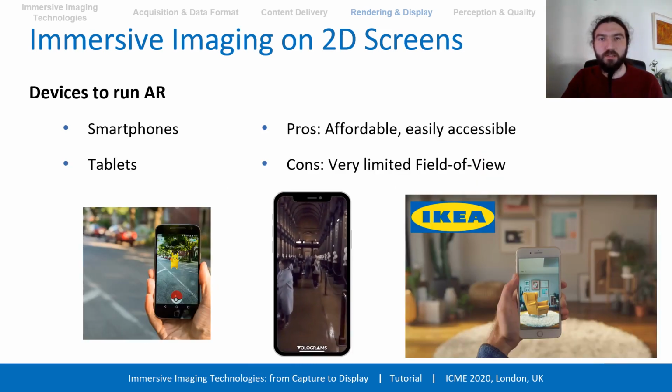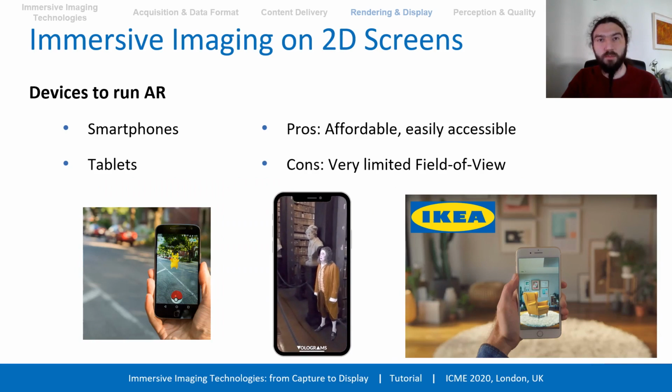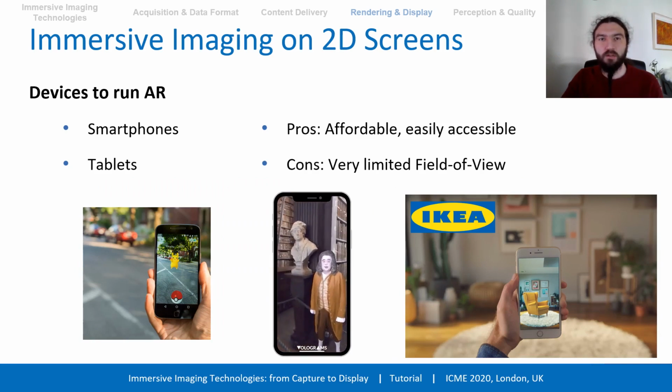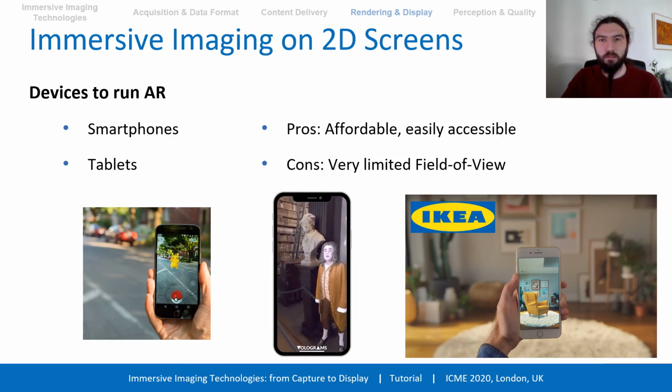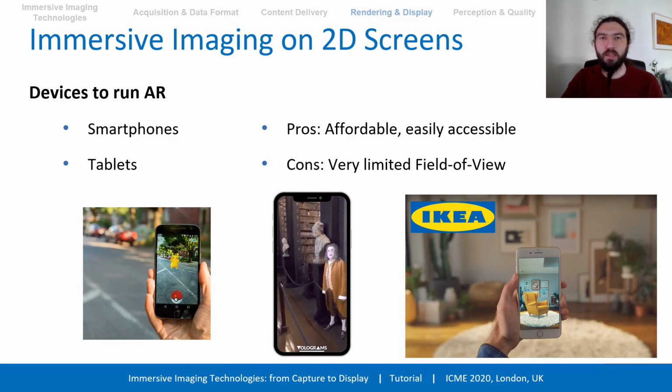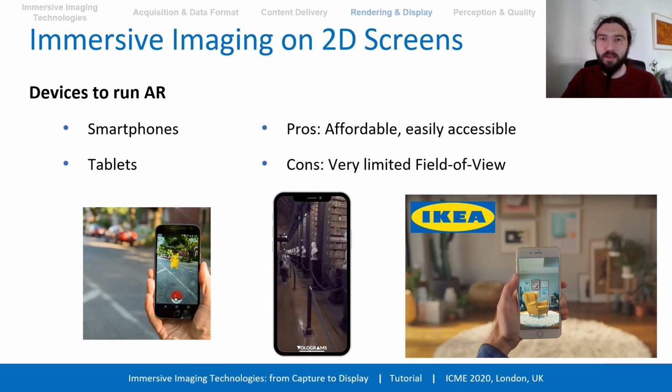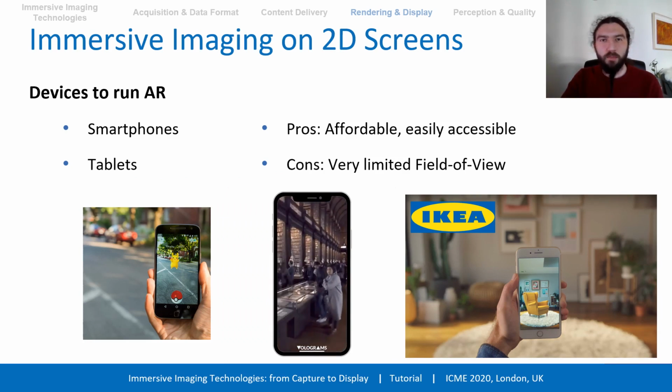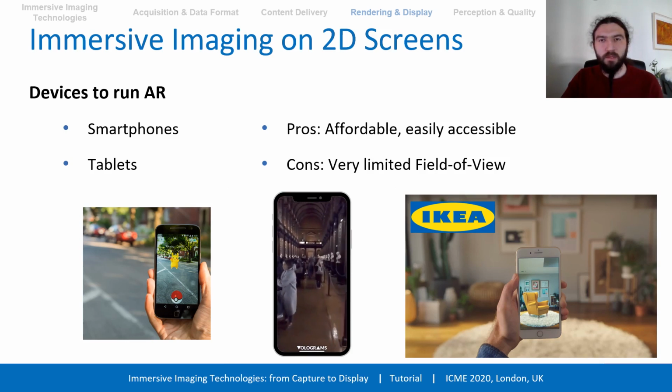Although the devices that we just discussed are somewhat more special, some other devices that we use to display immersive imagery are very familiar. Smartphones and tablets are such devices that many people own and use in their daily lives. Since they have a back camera and a display, they are perfect devices for video-based augmented reality.